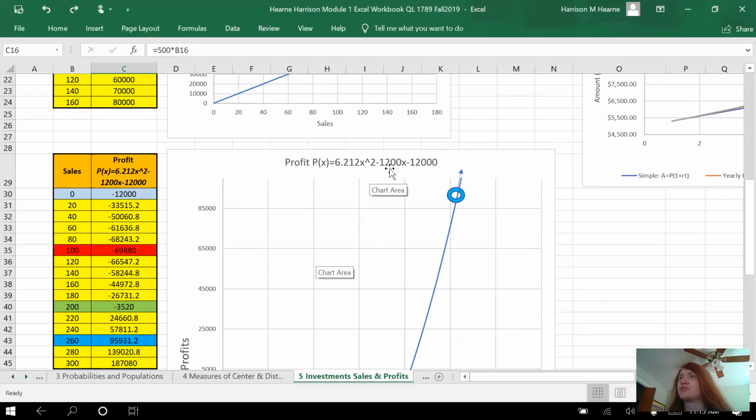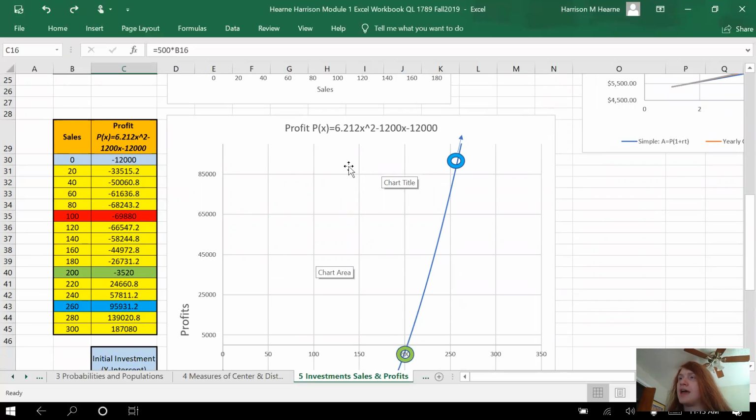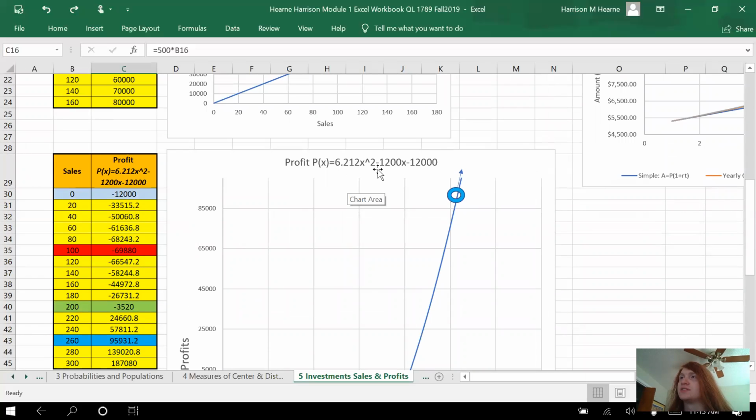A more accurate representation of how profits really work in business is this formula here, which is 6.212 times x squared minus 1200 times x minus 12,000.